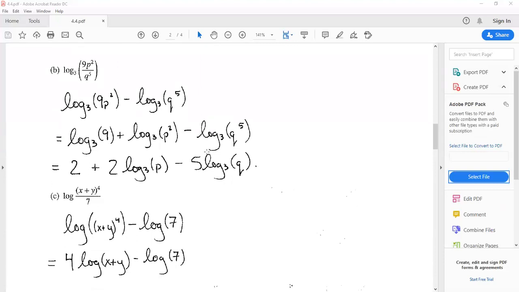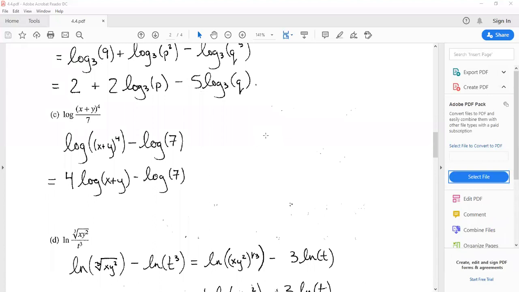And if I want to simplify, I know that log base 3 of 9 is 2, since 3 squared is 9. And then on the last two, I can just yank the exponents down. So my final answer will be 2 plus 2 times log base 3 of p minus 5 times log base 3 of q.